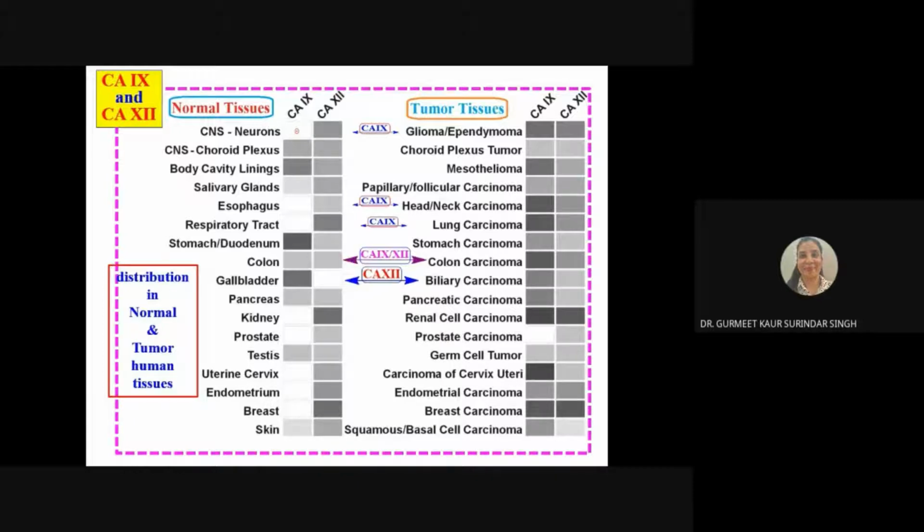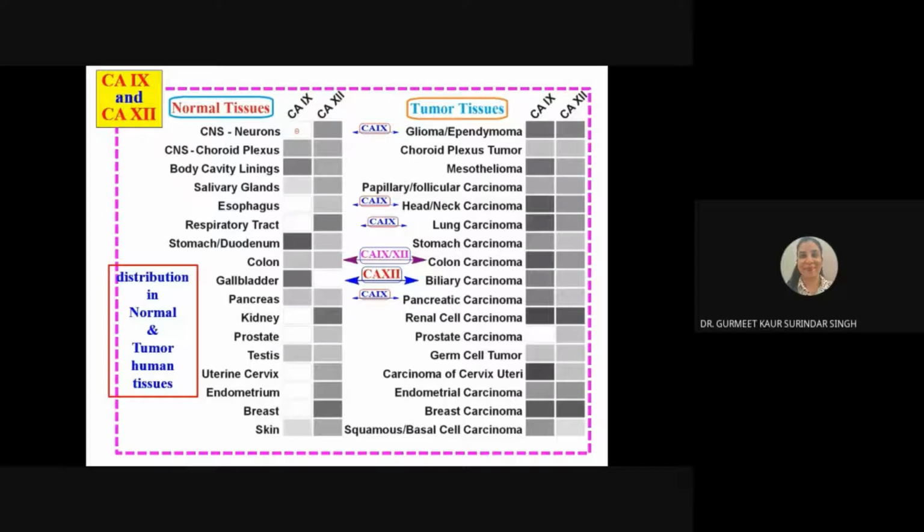This is the major important point for carbonic anhydrase 12, where it is not expressed at all in the normal gallbladder tissues, but it is highly or somewhat expressed in the biliary carcinoma. Carbonic anhydrase 9 is not useful here.